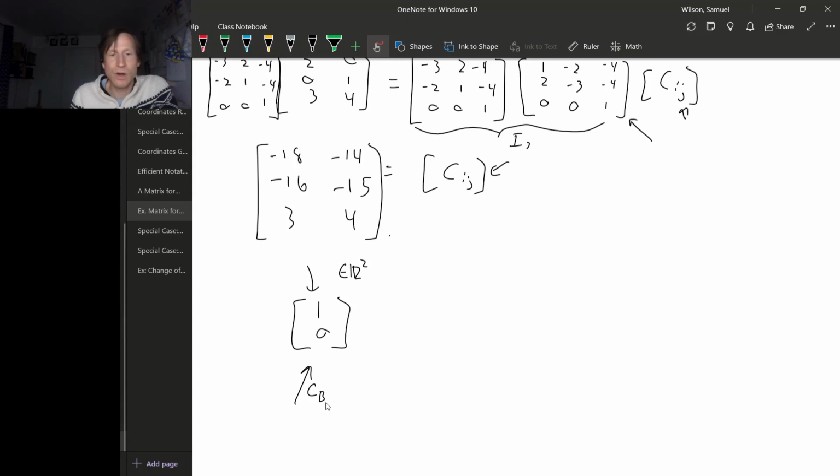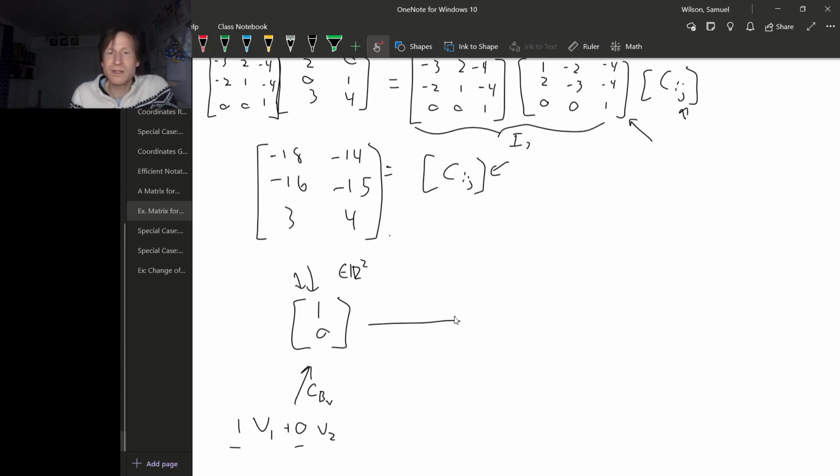As you know, what vector would produce this 1, 0 as coordinates for a vector in V? Well, that's just going to be V1, right? V1 is 1 times V1 plus 0 times V2. And so the coordinates for this vector relative to the basis of V1 and V2 is just 1, 0. Okay?